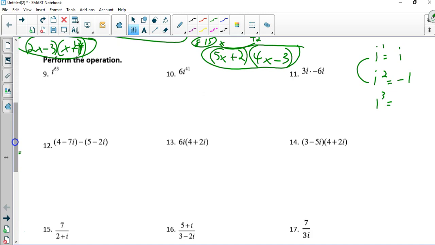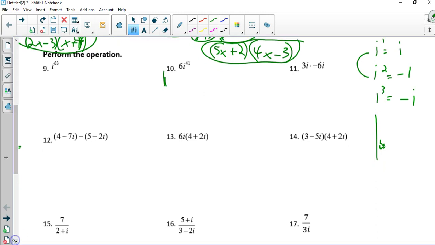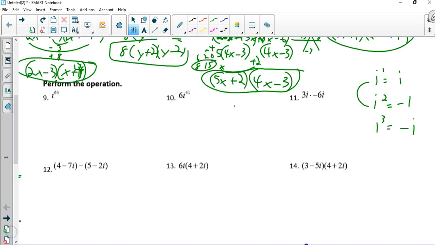So what's negative 1 times i? Negative i. Sorry, the board went all out of whack. The most important one for what we're doing right now is i to the fourth equals 1.